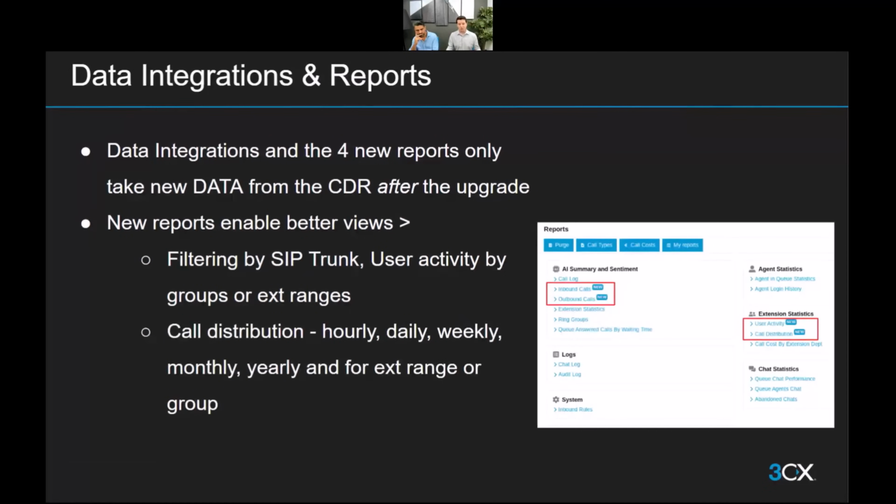So you need ultimate flexibility in the range that you're going to look at those calls, extension ranges, groups, departments. We've now got that across all of the reports. You can go in and very granularly sort that by whatever timescale you need, and extension ranges, groups, departments. So again, we heard you.